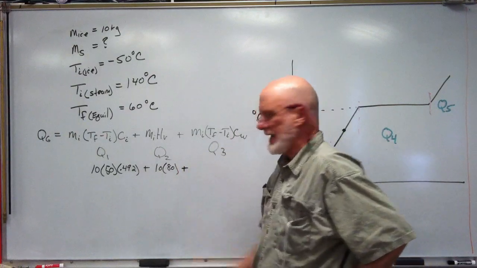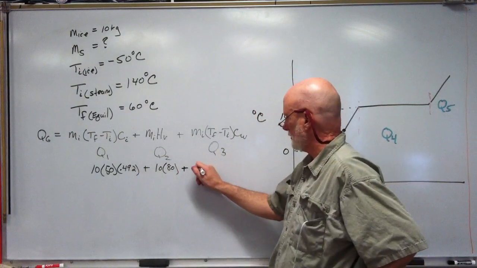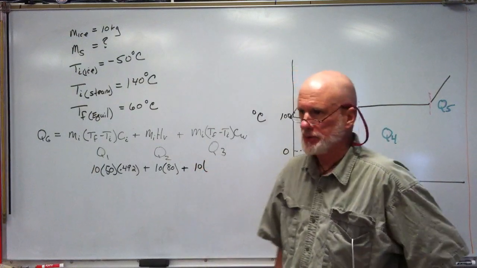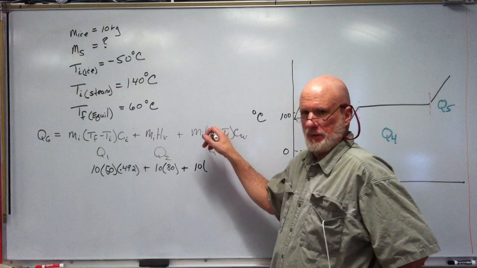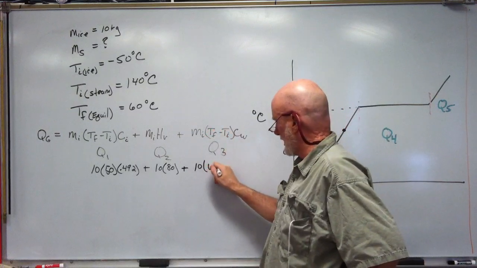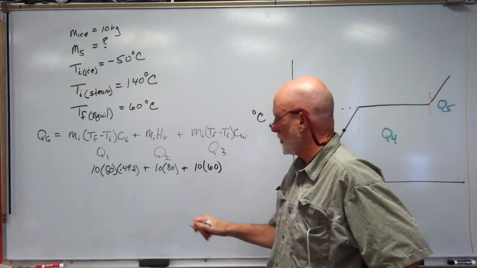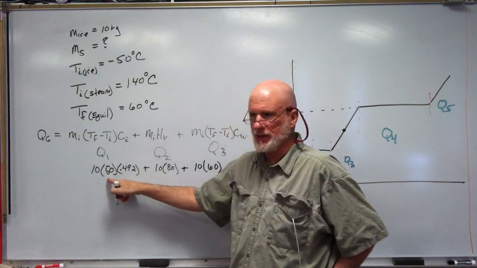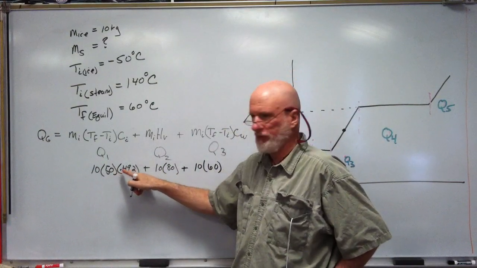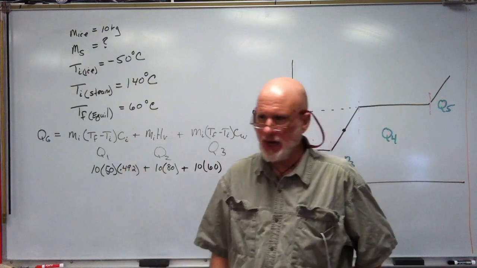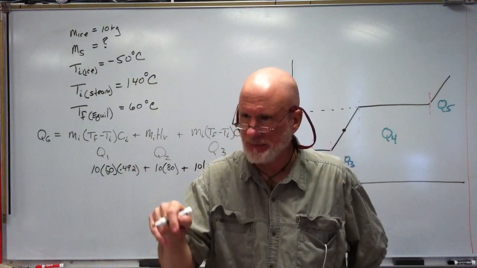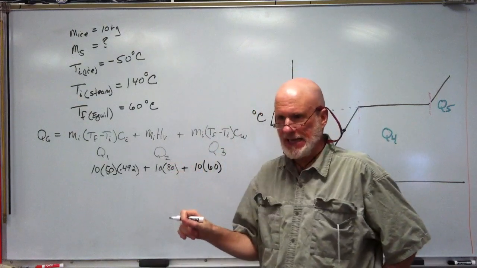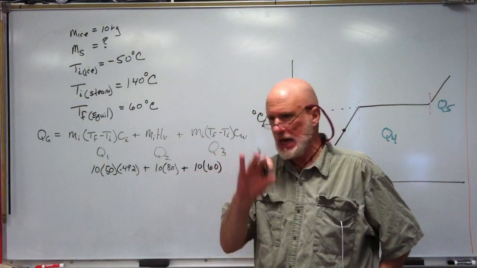That'll be 10 times 60 minus 0, which is 60. Right? So help me out here, what is 500 times 0.492? 246. Okay.